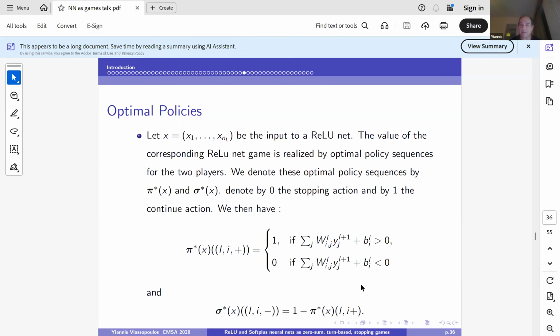So when you find all the Boolean gates for all the ReLUs, if the output is 0 or 1, that is the policy of the maximizer, and the exact opposite is the policy of the minimizer. If the maximizer had better go, the minimizer had better stop, and vice versa.